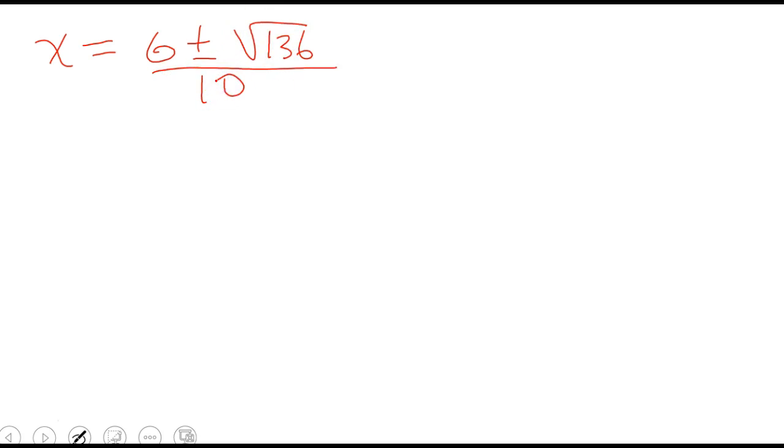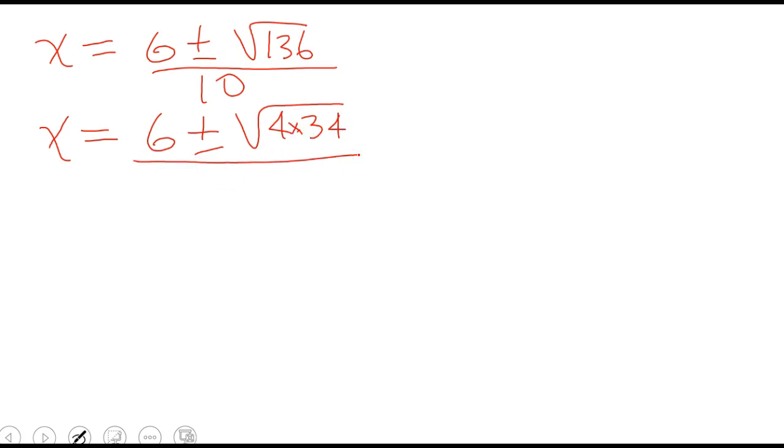Now we need to see if there's any perfect square that goes into 136. It seems like 4. 4 times 34 would give us 136, all over 10.